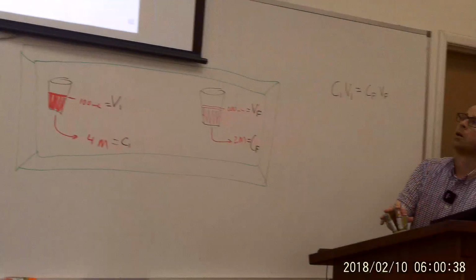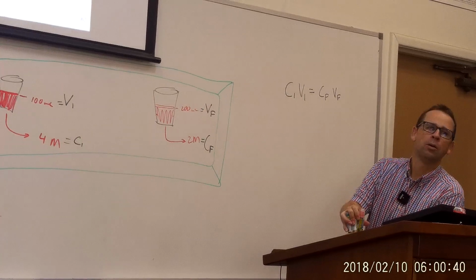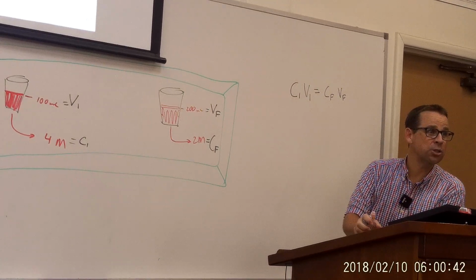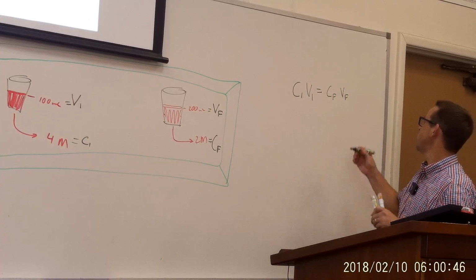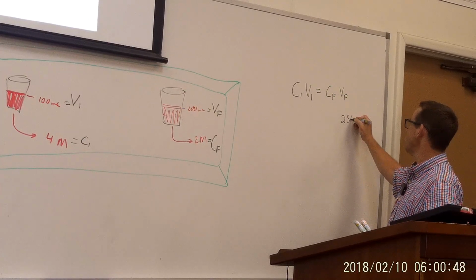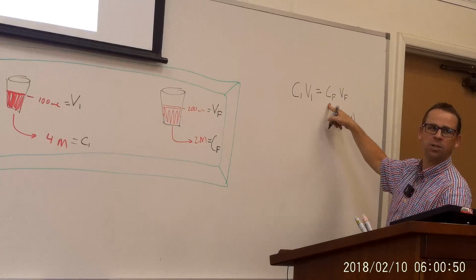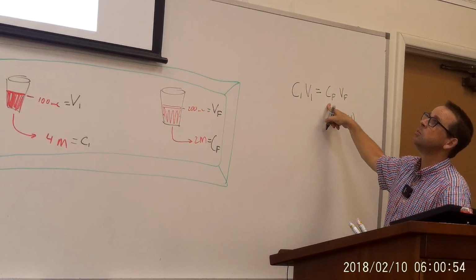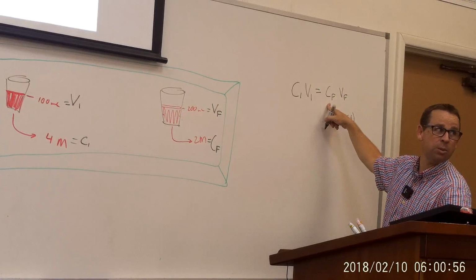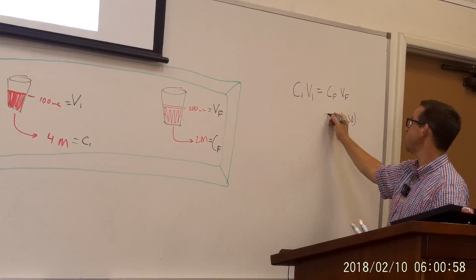Initial what? Is it the initial volume or the final volume? Yeah, that's how much we want at the end. So the 250 will go here. What's the final concentration? Do we know? We want the stuff to be 3.2.